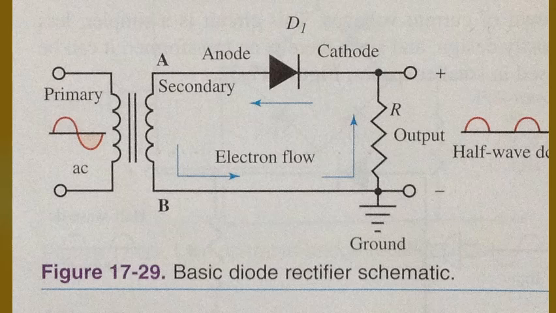Half-wave rectification. In the figure you see on the screen, the output of a transformer is connected to a diode and a load resistor that are in series. The input voltage to the transformer appears as a sine wave. The polarity of the wave reverses at the frequency of the applied voltage.